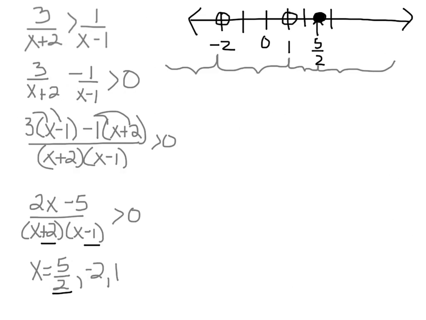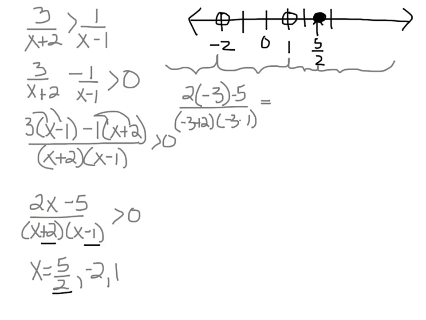So if we pick something that's less than -2, we plug in a -3. I'm plugging it into this expression to see if it's positive or negative, to see if it's greater than 0 or not. So I've got 2 times -3 minus 5, divided by -3 plus 2 times -3 minus 1.